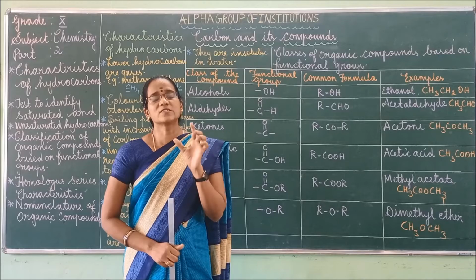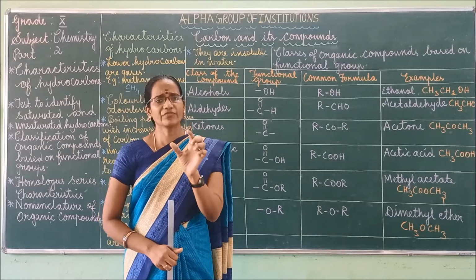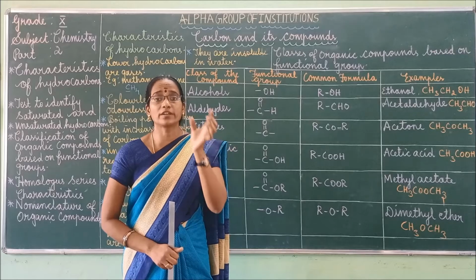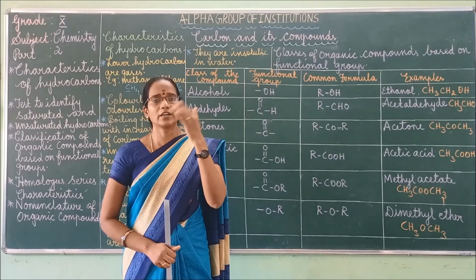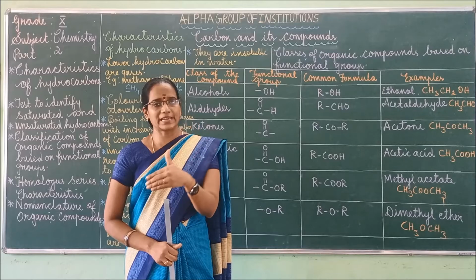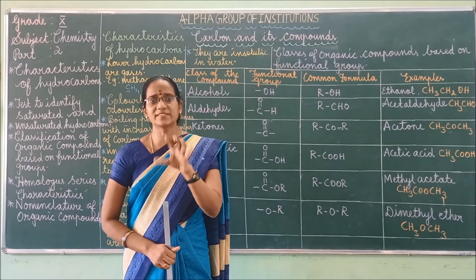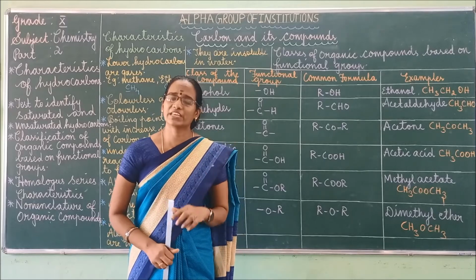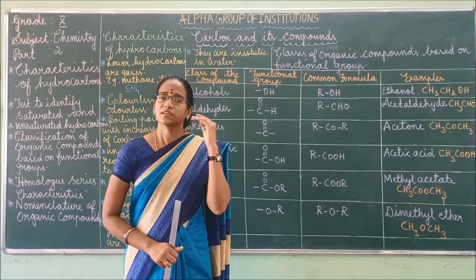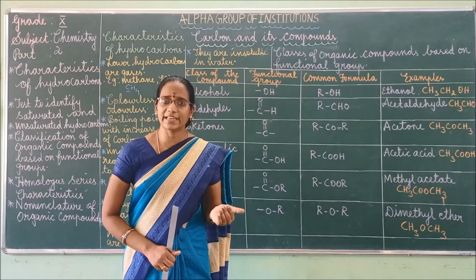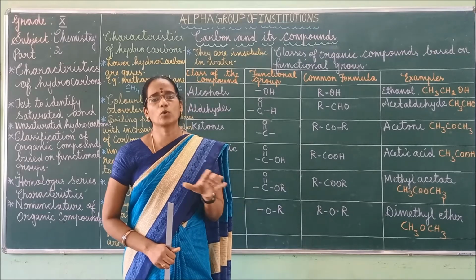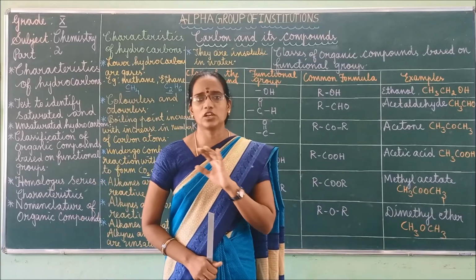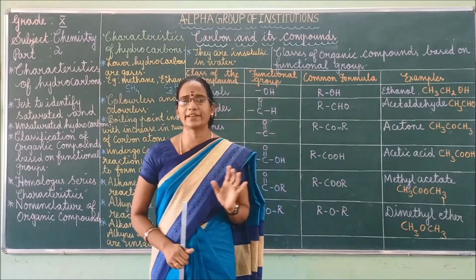From this test we can identify that if the given sample is an alkene, bromine water reacts with it and the color changes, that is, it decolorizes the bromine water. At the same time, if the given sample is saturated, that is an alkane, the bromine water will not react with the alkane, and the color also will not change. This is the concept behind this.